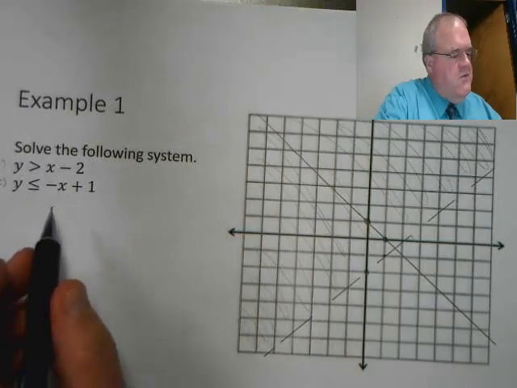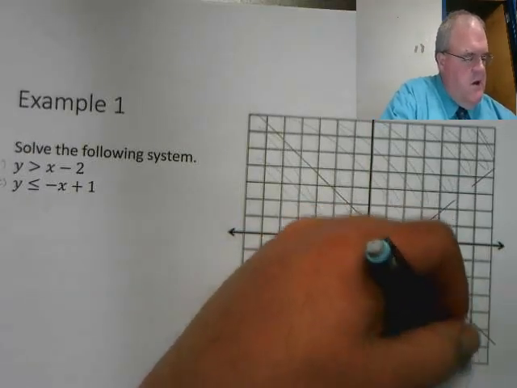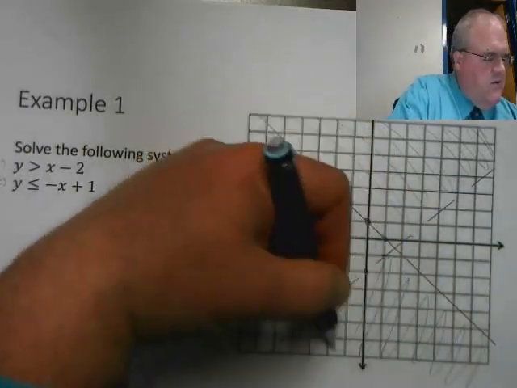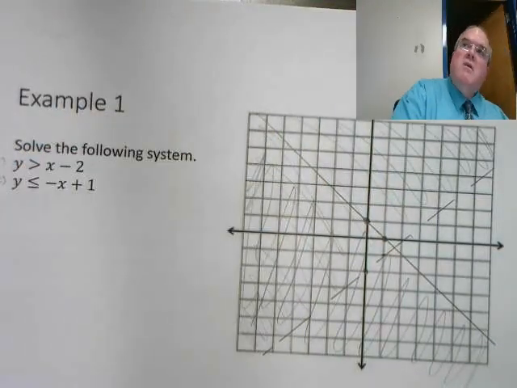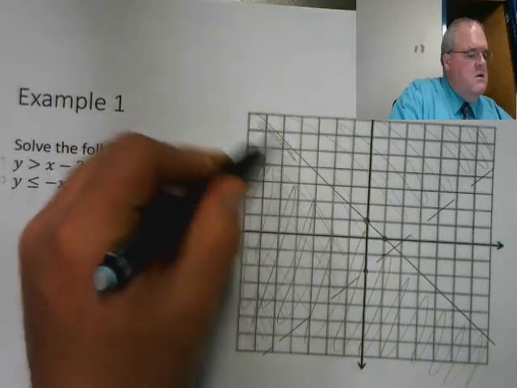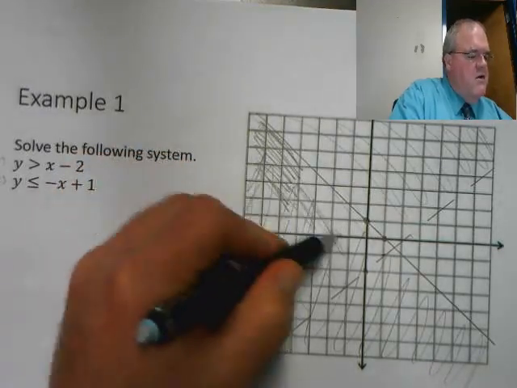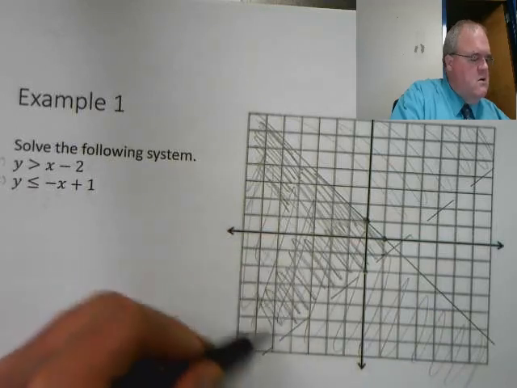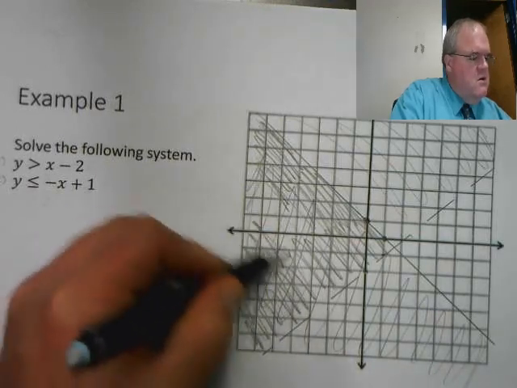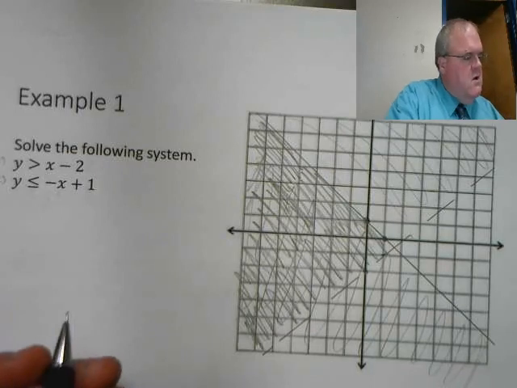This is less than, so everything that is less than on this graph gets shaded, and the area that is shaded for everything is a solution to this system.